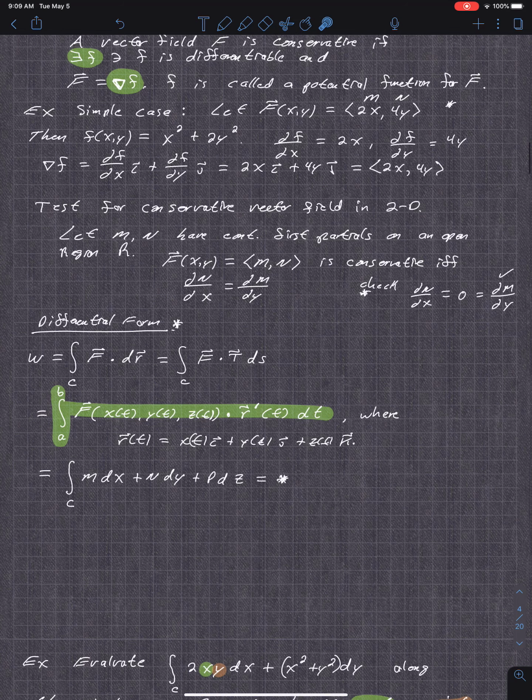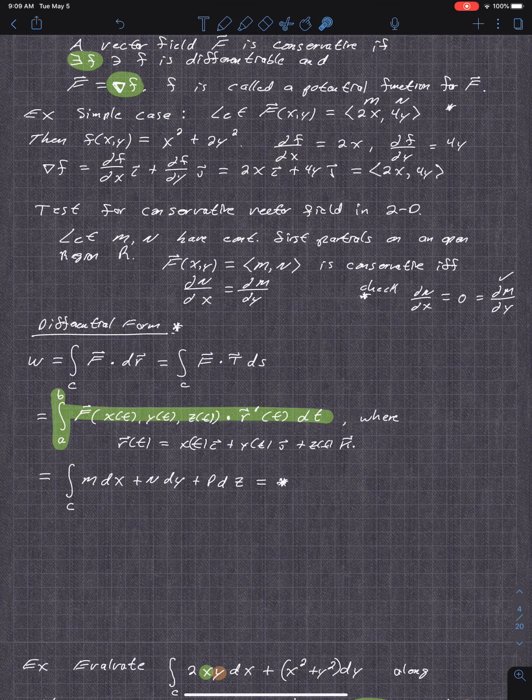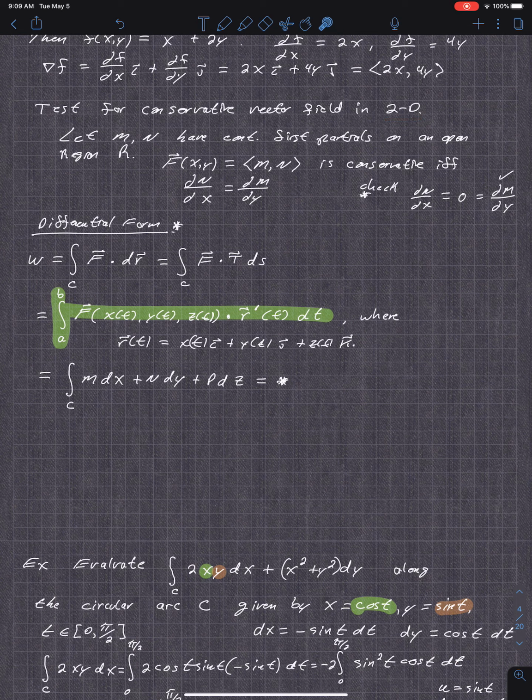Now let's talk about how you know whether you can find that potential function or not. That has to do with this test for conservative vector fields. This is the 2D case. Let M and N have continuous first partials on an open region R. Then capital F of x, y equal to M, N is conservative if and only if the partial of N with respect to x is equal to the partial of M with respect to y.